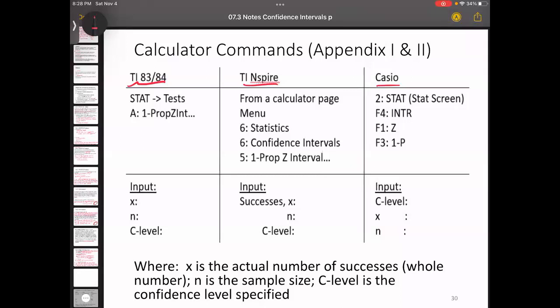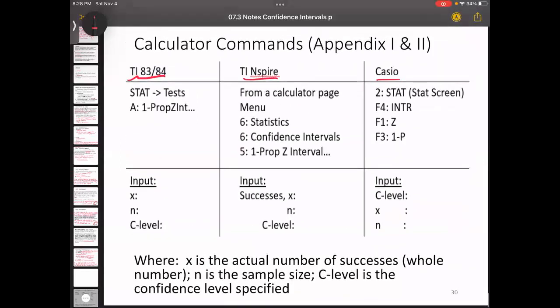You pick the appendix that corresponds to your kind of calculator. It has really good pictures and step-by-step processes. If you need help on any of this, you're welcome to come to my office hours or email me or whatever you need. But remember that X is the number of successes, N is sample size, and C level is confidence level.